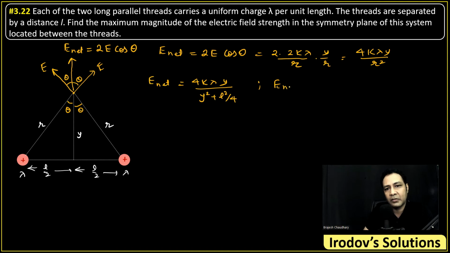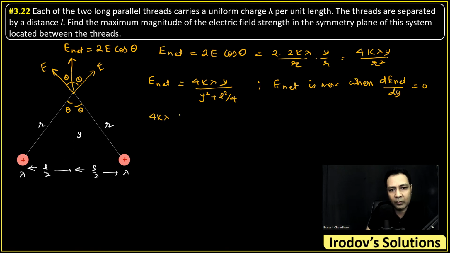E net is maximum when dE net by dy is 0. So let's differentiate with respect to y. 4k lambda will come out, and the denominator becomes y square plus L square by 4 whole square.